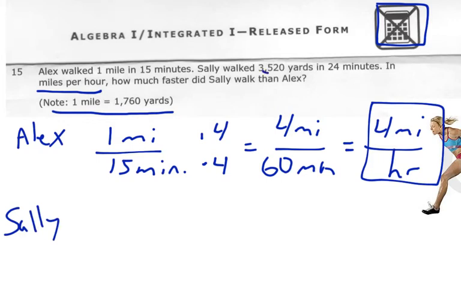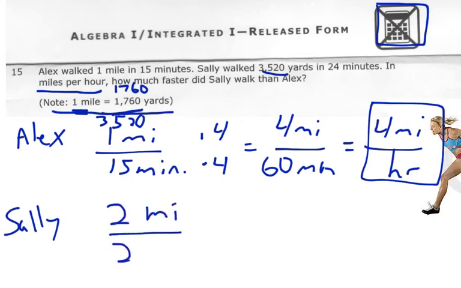I'm looking at these two numbers and I think, if I double 1,760 or add 1,760 plus 1,760, what do you know? That's going to give me 3,520 yards. So that tells me that two of those would be 2 miles. So right away I'm going to say that Sally ran 2 miles in 24 minutes.